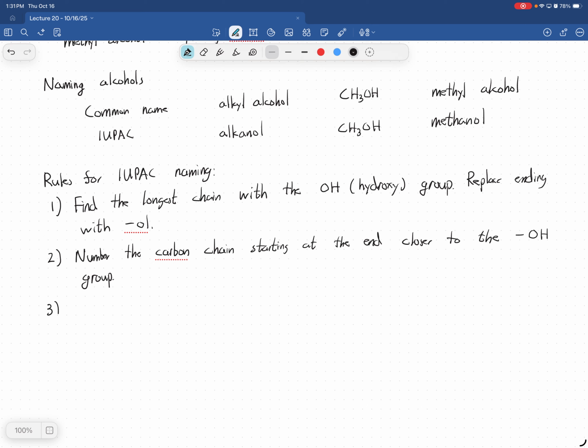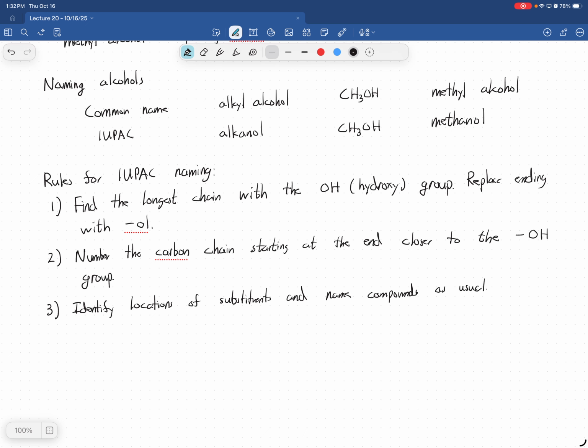All right, and then 3 here, you're going to identify the locations of your substituents and name compounds as usual.